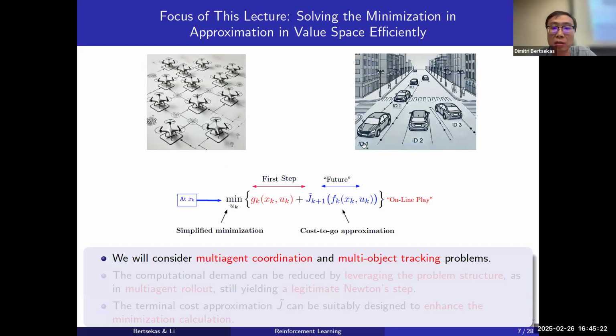And the other case is the multi-object tracking problem. Suppose here is the same vehicle on the road, and I just show the vehicle's position over different time instances.